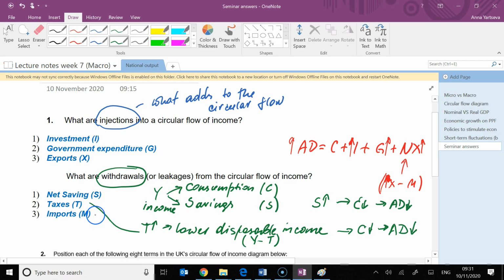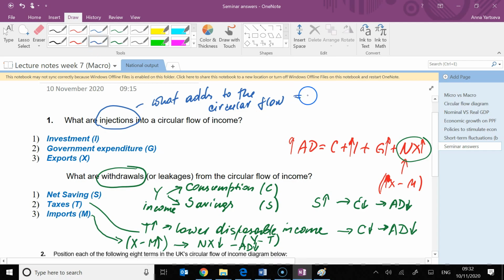And imports in the same way will reduce aggregate demand, because they will reduce net exports. So exports minus imports, this is our component of aggregate demand, the difference between exports and imports. When imports go up, it implies that net exports will drop, which will again reduce aggregate demand. So injections are what add to the circular flow.